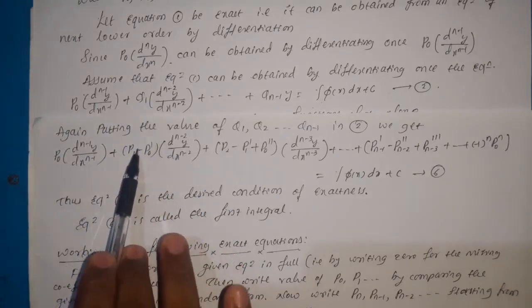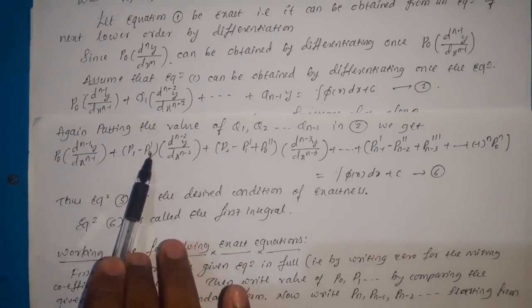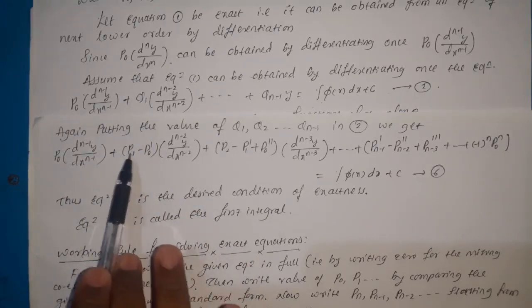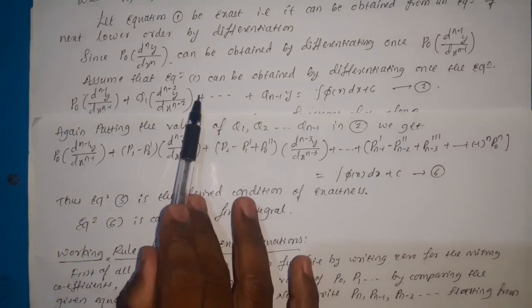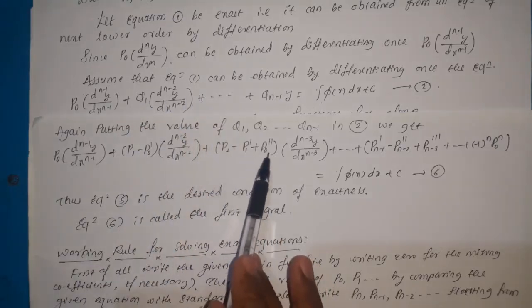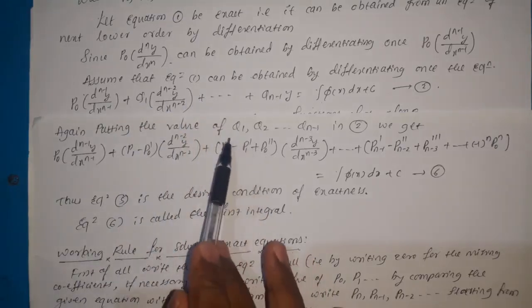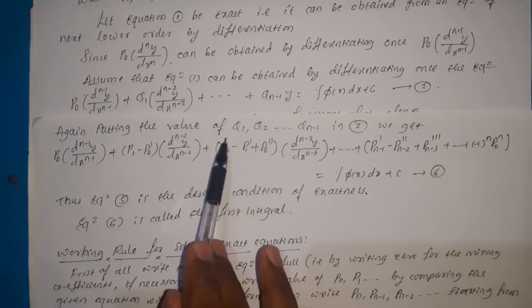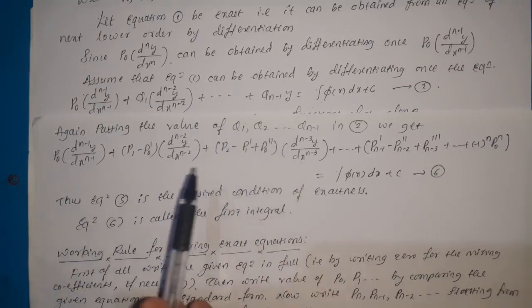Now q1 is p1 minus p naught dash, so here it is 1, 0. Next will be q2, then 2, 1, 0, alternating minus and plus, and differentiations will be 0, 1, 2, 3 and so on.